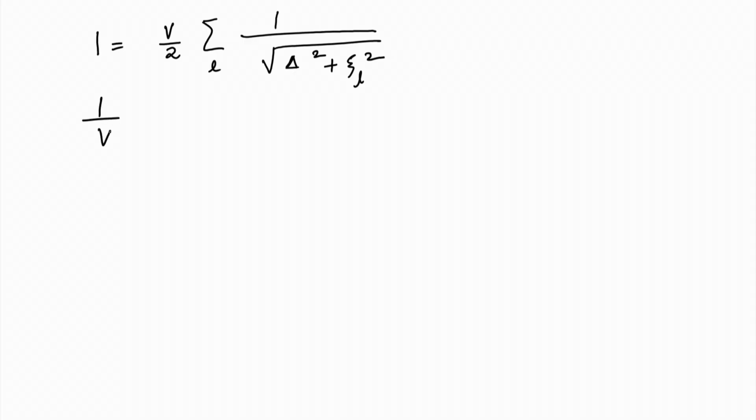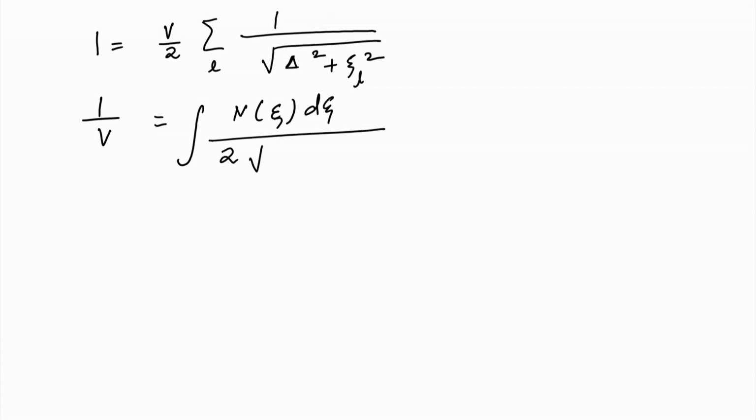Remember, V is the strength of the attractive potential. When we convert a summation into an integral, we need to bring in the density of states, and do this integral, where ξ is the variable.